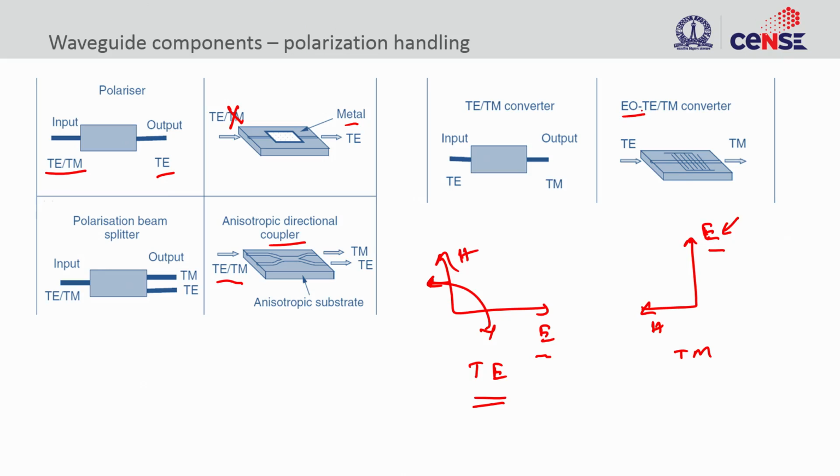So, you can use an electro-optic material, something like lithium niobate, in order to convert this polarization by using a periodic arrangement of these electrodes that will allow rotation of this field or create alternating refractive indices that will allow phase matching between TE and TM.